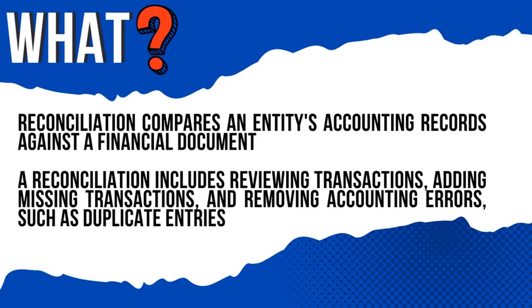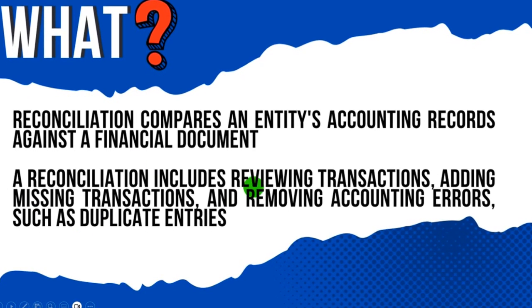And we can compare the transactions in that bank account, in that loan account, against an official document, which is usually a statement, like a bank statement or a loan statement. So we're checking that the accounting records match an official statement. The balances are the same, all the transactions are the same.